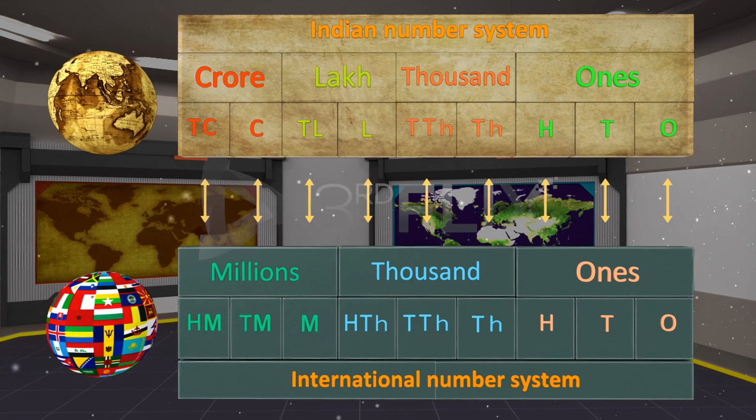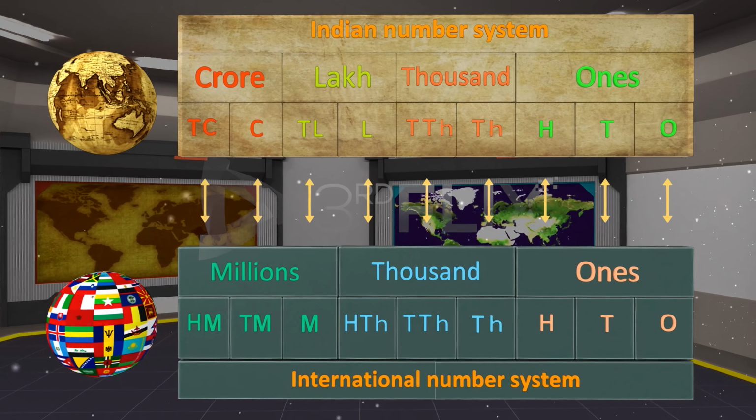So 1 lakh is equal to 100,000. Understood? Next, we come to 10 lakh place or millions place. Both are equal to 1,000 thousands. Clear? Similarly, 1 crore is equal to 10 million. 10 crore is equal to 100 million. That was the correlation between the two systems.